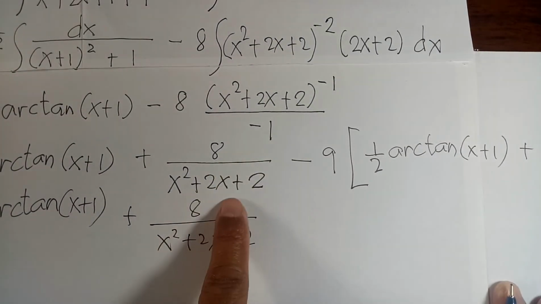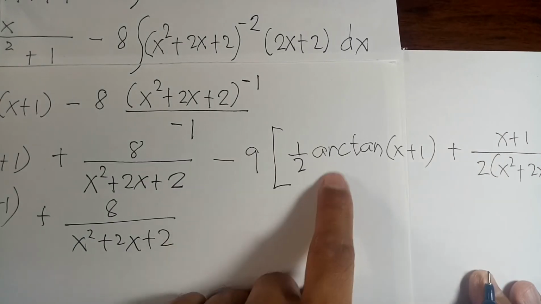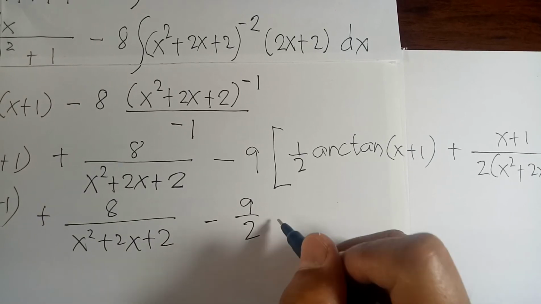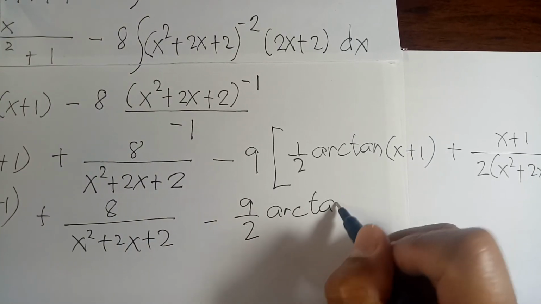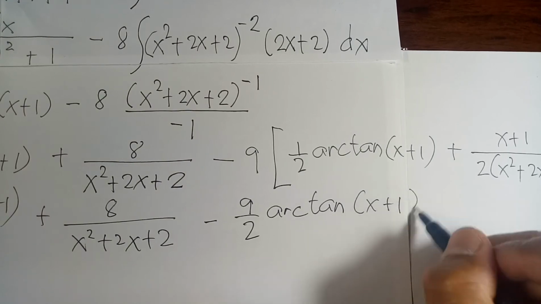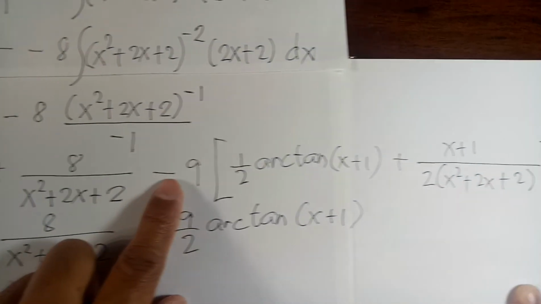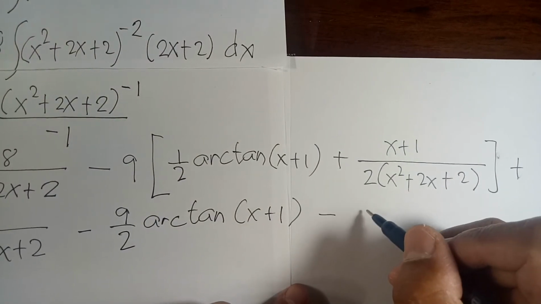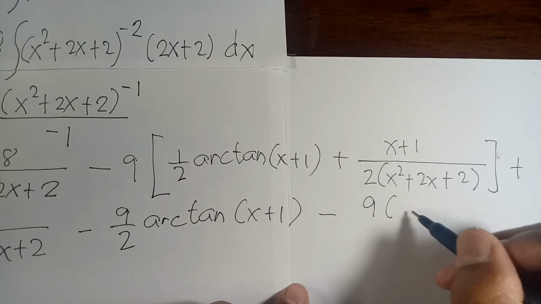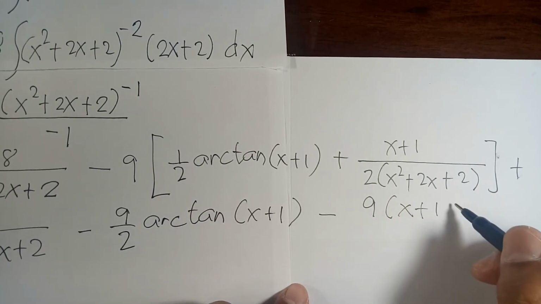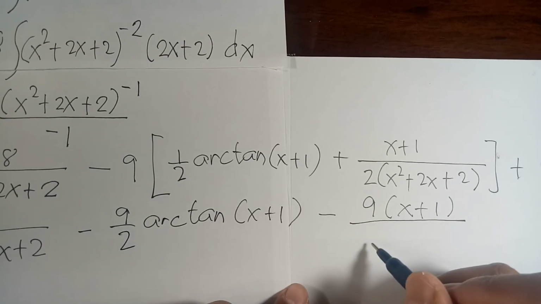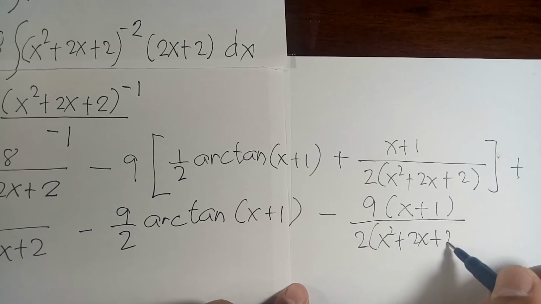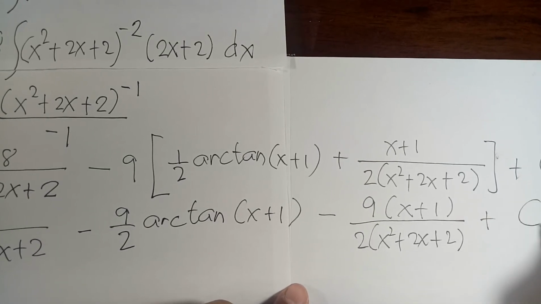Multiplying, negative 9 over 2 arc tangent of x plus 1. Then negative 9 times x plus 1 divided by 2 times x squared plus 2x plus 2, and then plus c.